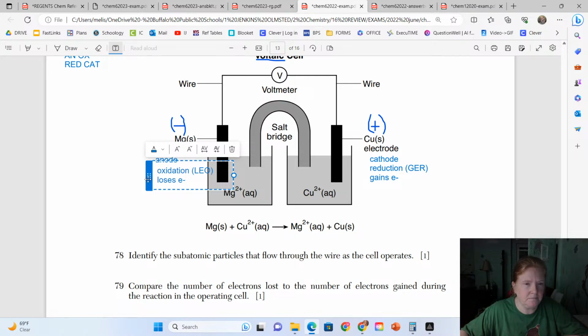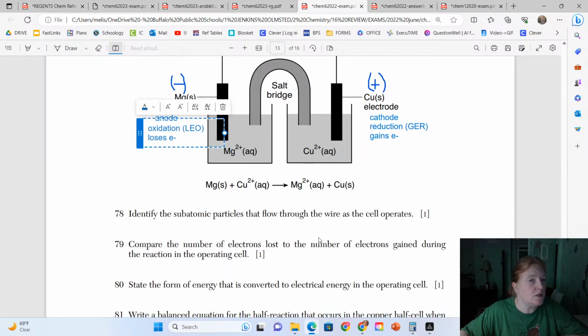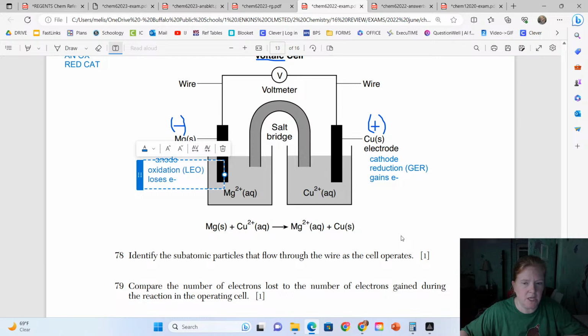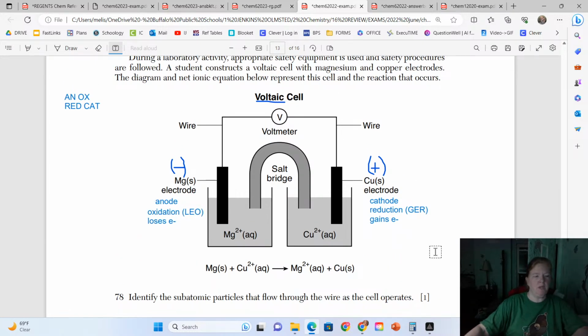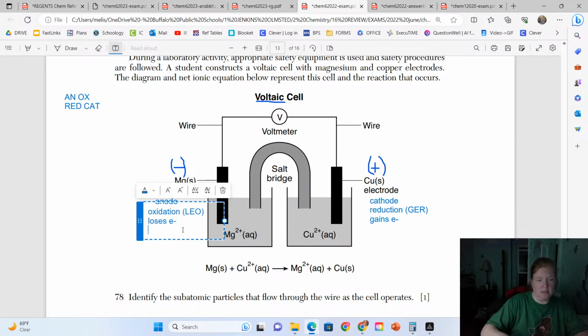All right, so you tell me as I finish going through that, anybody have an idea what they think question 78 would be as I finish labeling this? If it loses electrons, the size of the metal gets smaller.